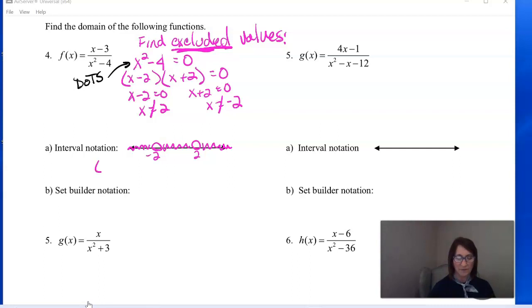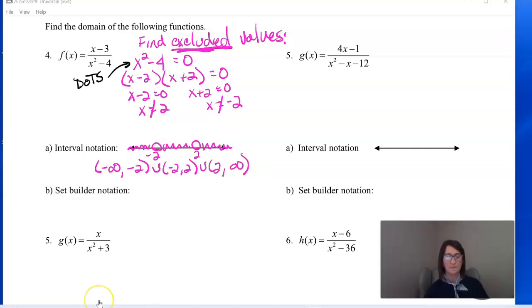So we're going to go from negative infinity to negative 2, union, negative 2 to positive 2, union, 2 to positive infinity. In set builder notation, then our domain, and I should write that, that's our domain.